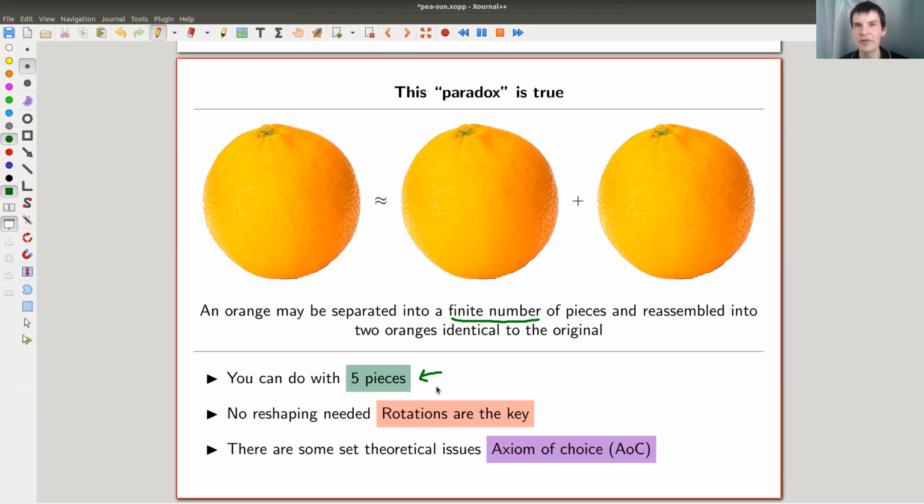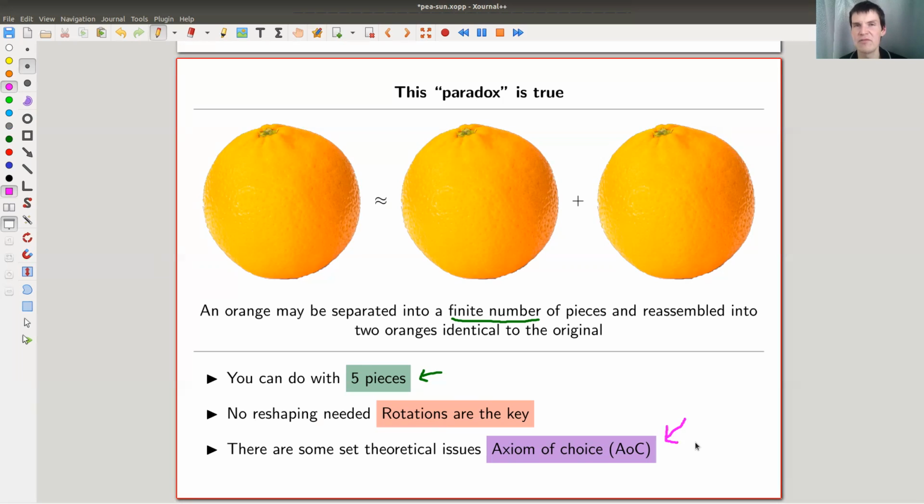And that's very surprising. So you can decompose your orange into a certain number of pieces, and you can rearrange them again. Before you start doing that, so running around trying to buy oranges and try to get 2 oranges out of one, because you think, okay, if I get 2 oranges out of one, I also get 3 oranges out of one, and I also get 4 oranges out of one. I also get 5 million oranges out of one. Yes, in the theorem that works, of course, but in practice it doesn't really work because, as I'm going to explain, this needs a certain axiom, which some people don't like.